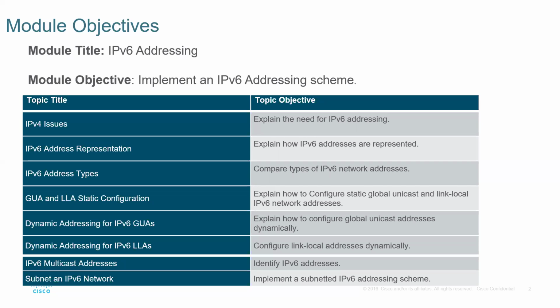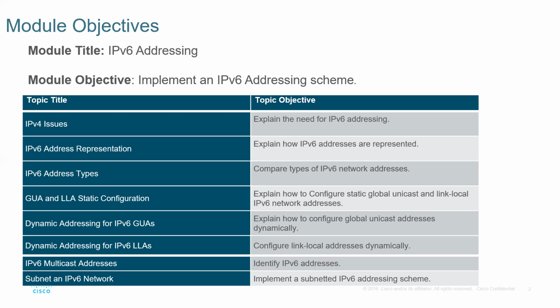We look at how IPv6 addresses are configured, which is pretty much the same way IPv4 addresses are configured on hosts. We'll also look at dynamic addressing of GUAs and LLAs, global unicast addresses and link local addresses. We also look at the multicast addresses.